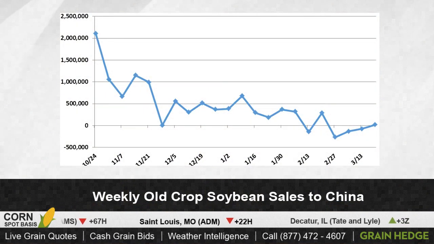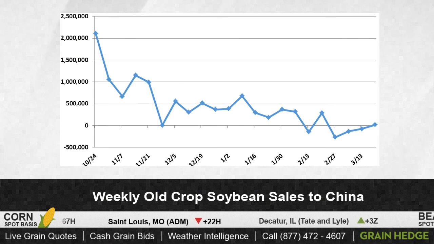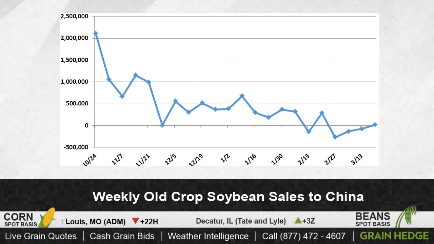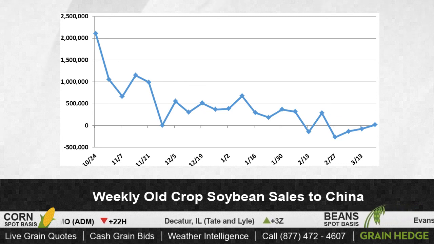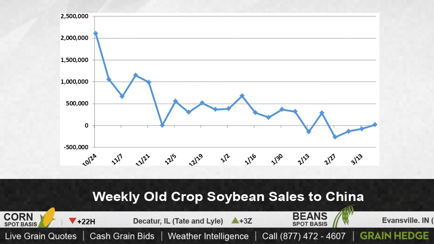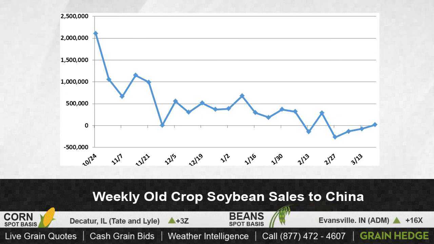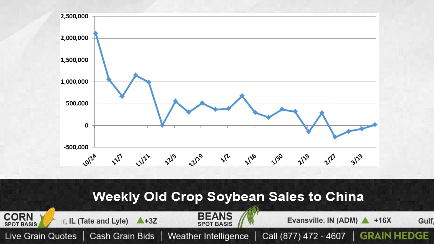And this seems to be a situation that we're seeing in China right now as well. That could be influencing old crop sales that we've seen in recent weeks. This slide details the weekly pace of old crop soybean sales going to China. Now, seasonally, it's not unusual to see a decline following U.S. harvest. The one thing to take note of, though, is the frequency of net cancellations we're seeing. 4 out of the last 6 weeks, we've seen China be a net canceller of old crop U.S. beans.